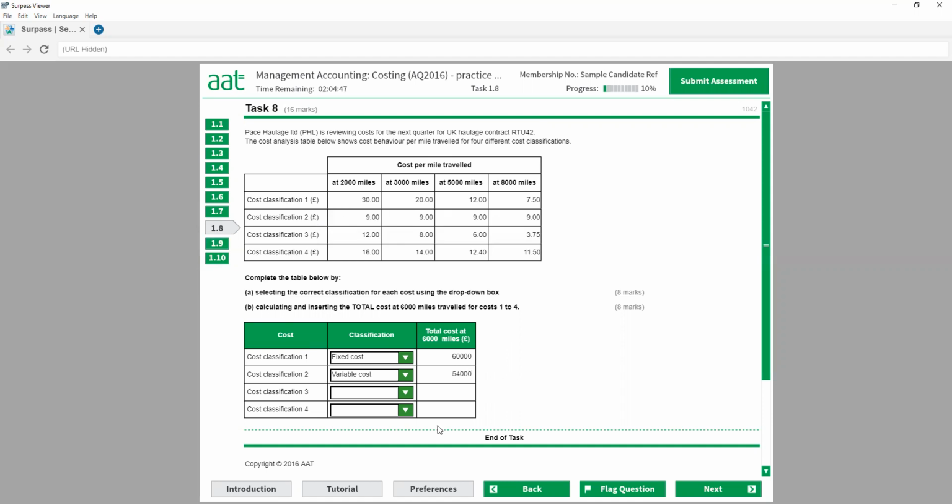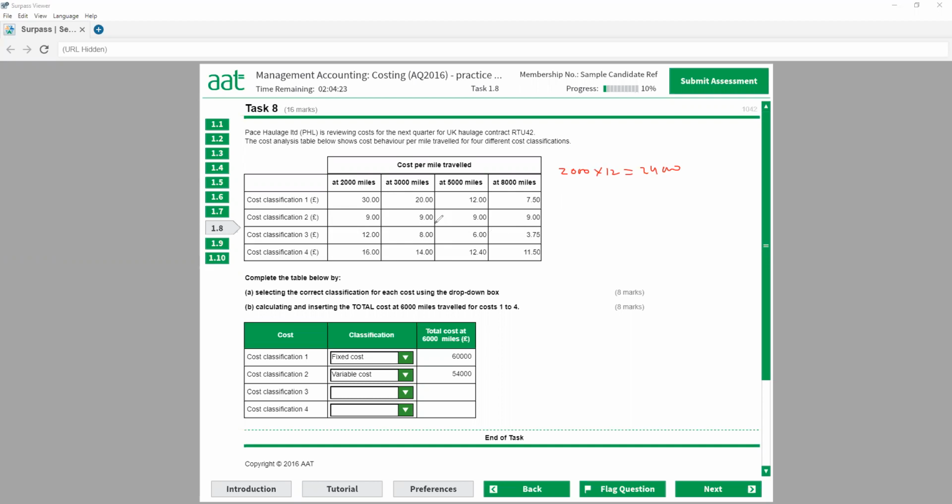The next one we have is classification number 3. It says for 2000 miles the cost is 12, 3000 miles is 8, 5000 miles is 6, and 8000 miles is 3.75. Let's try to find some totals. 2000 times 12 is 24,000.